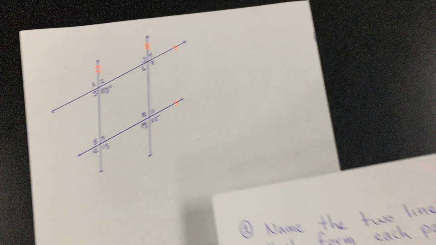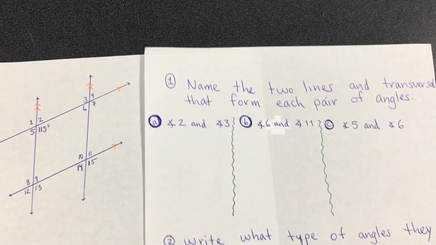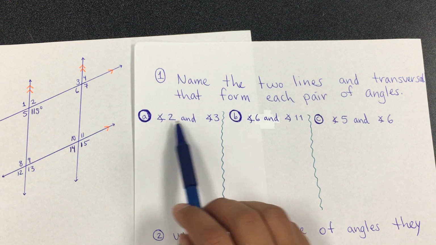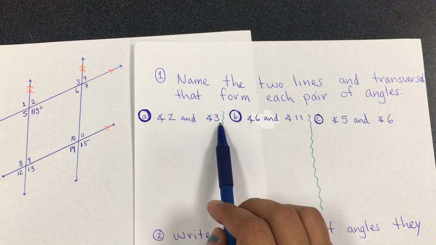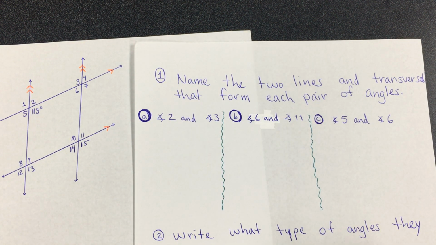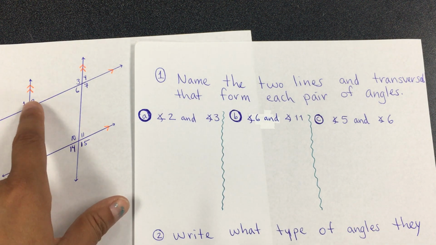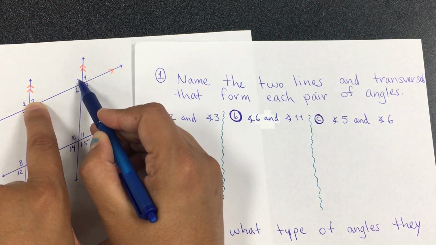Okay. Now, in here they give you a diagram, and let's see if I can fit all of this. But it says, name the 2 lines and transversal that form each pair of angles. And let me see. So angle 2 and angle 3. If you notice, angle 2, it's right here, and angle 3 is right here.